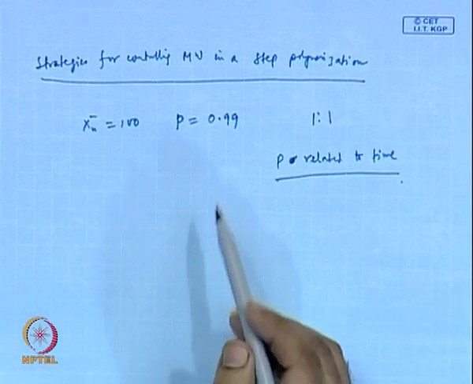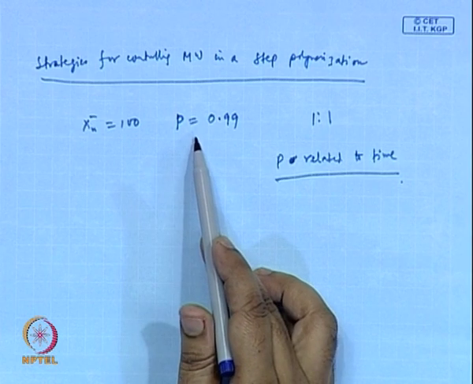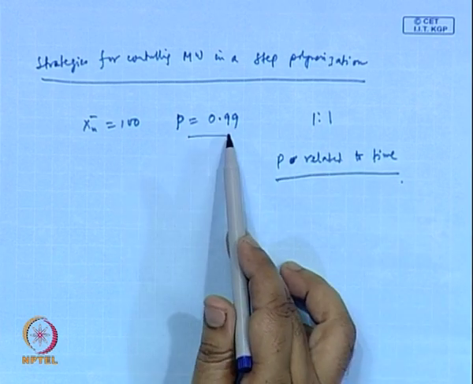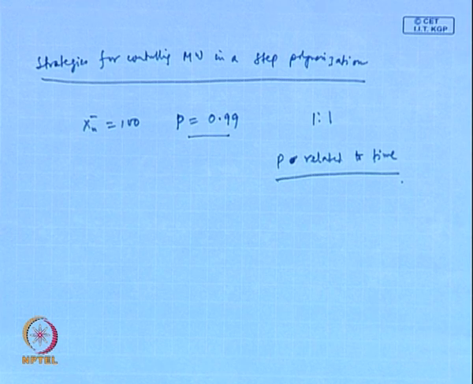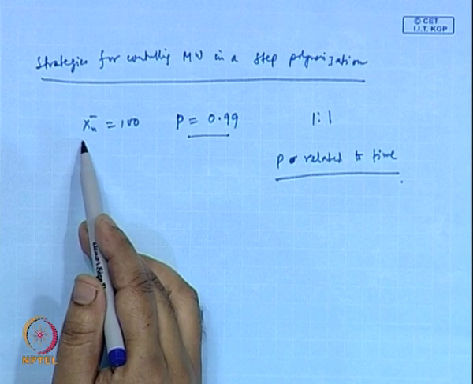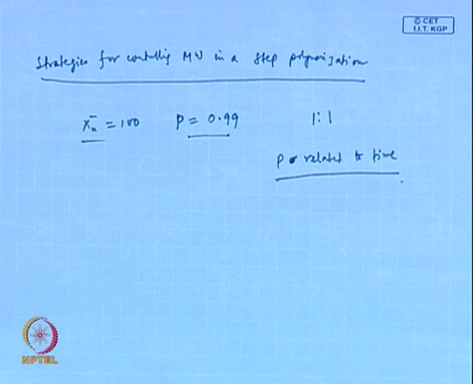So, you can always say that if you stop the reaction at a time which corresponds to a P of 0.99, then we will get a molecular weight corresponding to a degree of polymerization of 100. So, as simple as that.